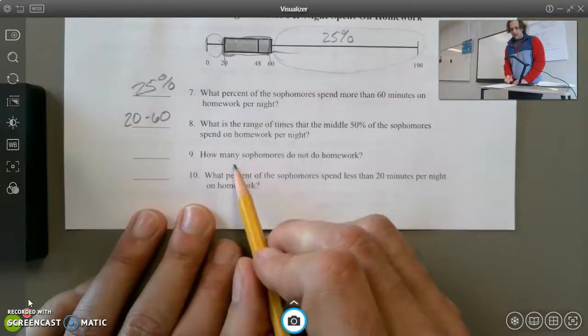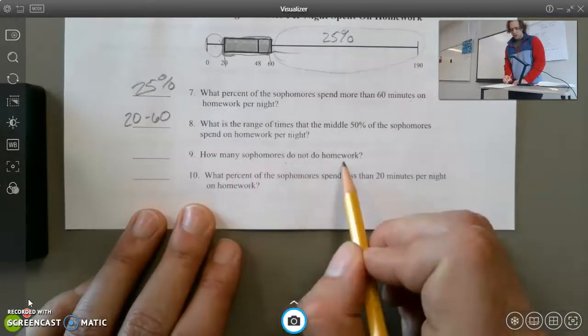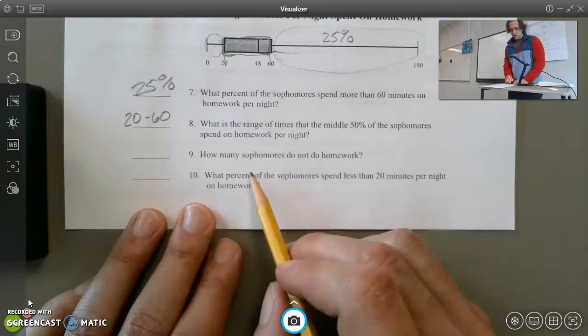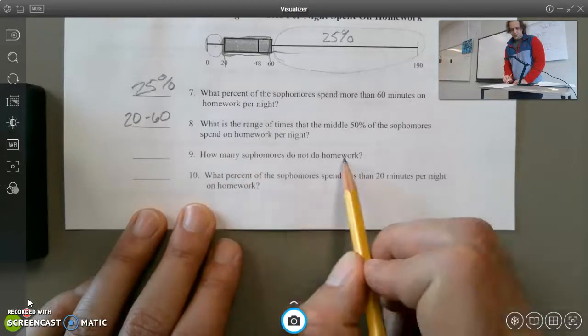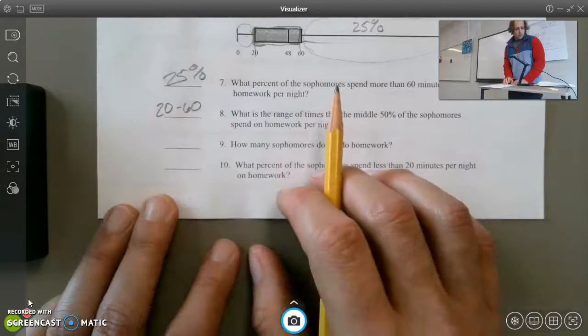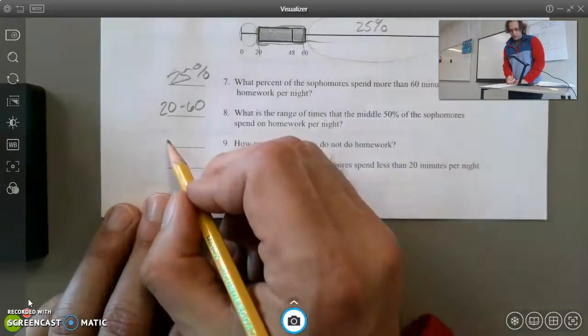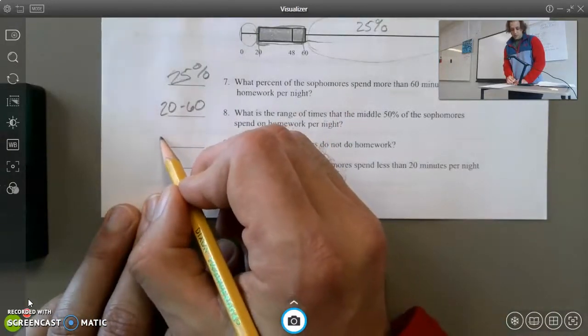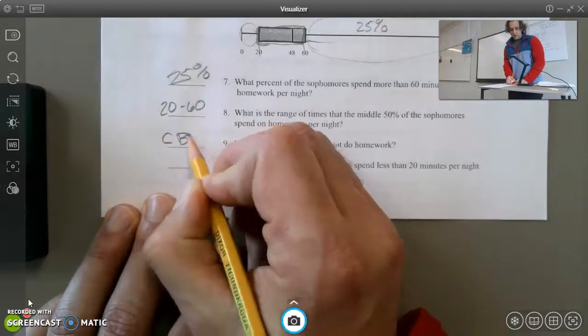9. How many sophomores do not do homework? And the truth is, we do not know. Cannot be determined.